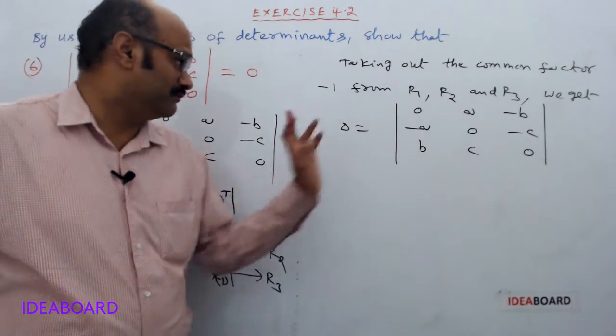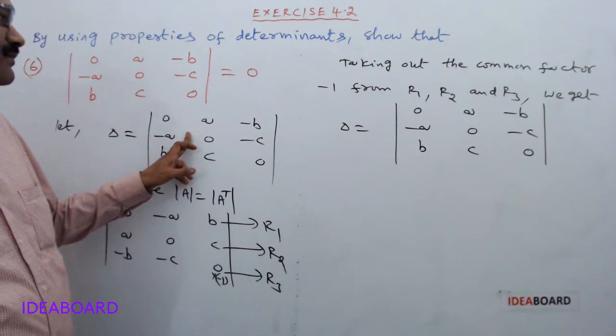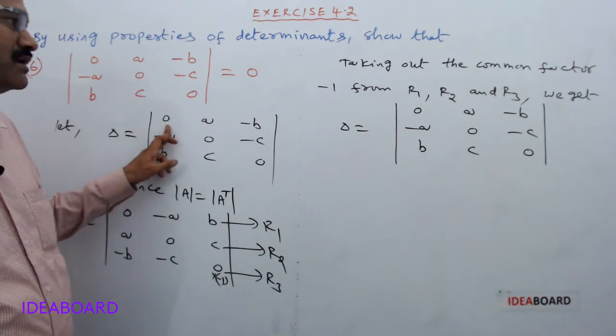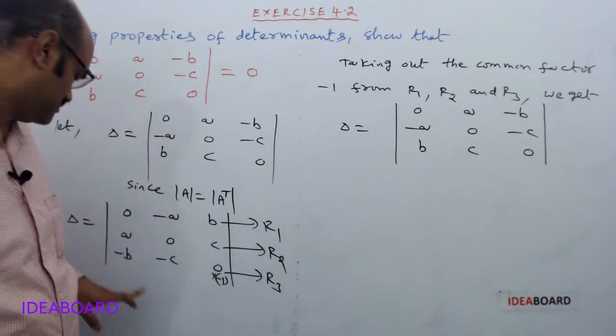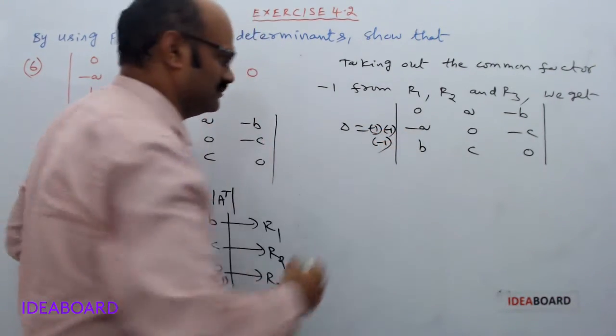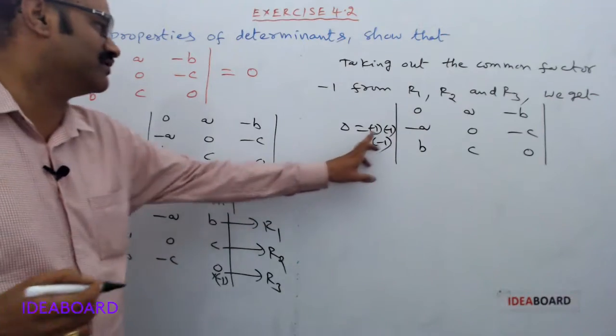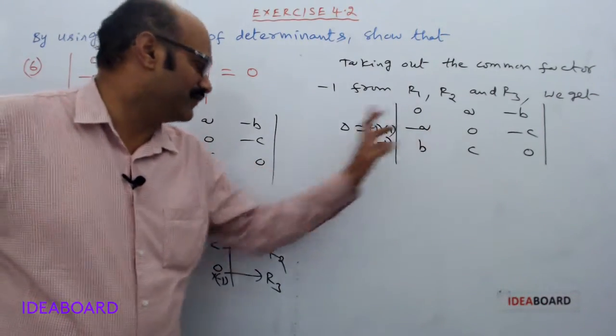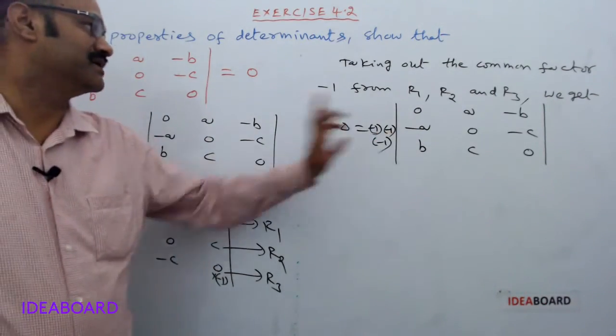But in the problem, we have taken the given determinant equal to delta, 0 a minus b. Here we should write minus 1 into minus 1 into minus 1, since we have taken minus 1 from R1, minus 1 from R2, and minus 1 from R3.